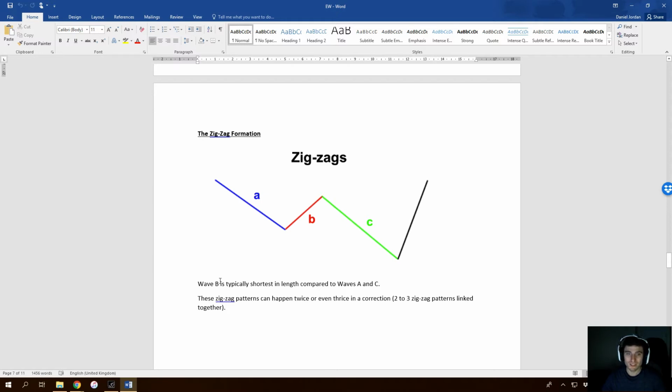Wave B is typically the shortest in length, and for instance here we would be hitting a Fibonacci retracement, hence the move up, resetting the RSI a little bit before the downtrend continues for wave C. These zigzag patterns can happen twice or even 3 times in a correction, so you get 2 or 3 zigzag patterns linked together, so you're aware. That's the second most common type of corrective pattern that you will see.